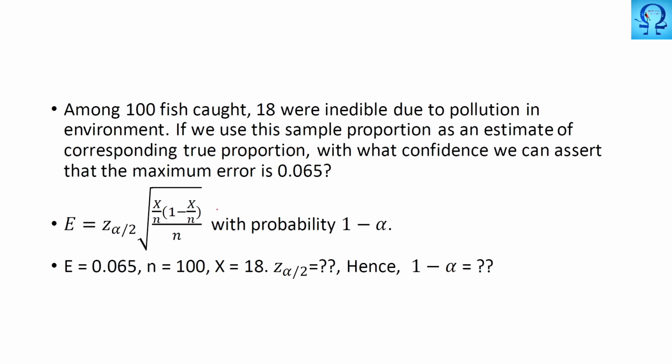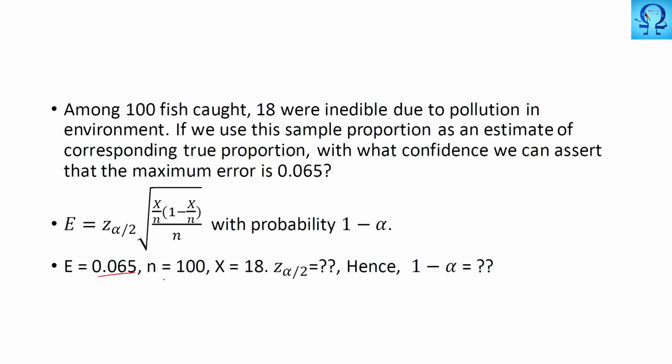And moving further, among 100 fish caught, 18 were inedible due to the pollution in the environment. So here we are interested in the attribute that it is inedible. If we use this sample proportion as an estimate of the corresponding true population proportion, with what confidence can we assert that the maximum error is 0.065? So it is clearly given that error is this quantity, and we are asked to calculate the value of alpha from this. Let me tell you the idea.